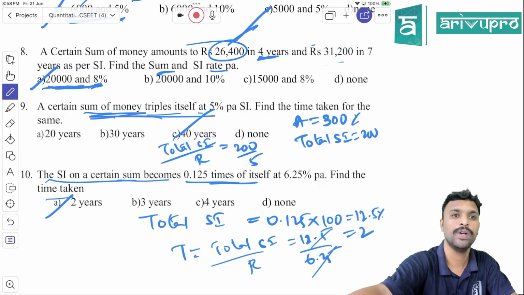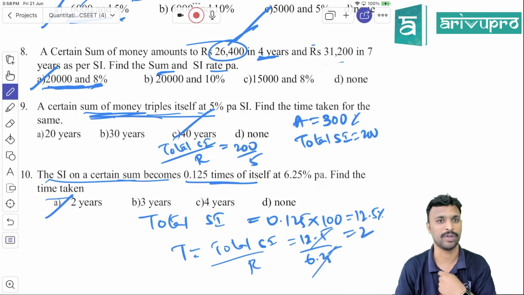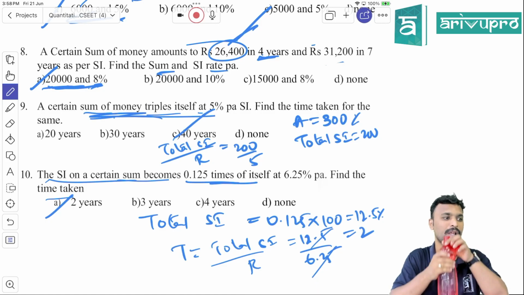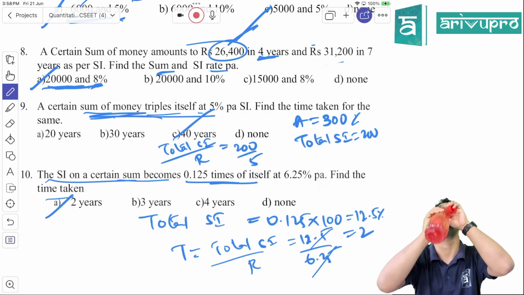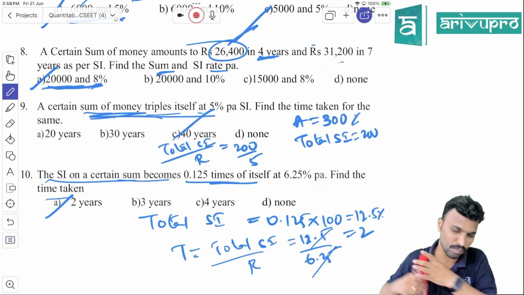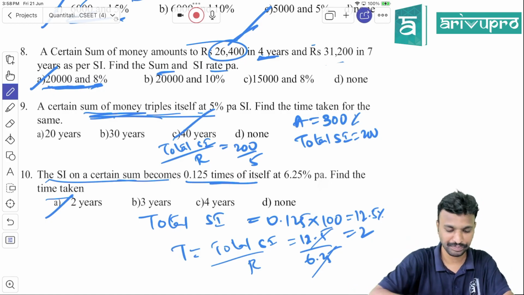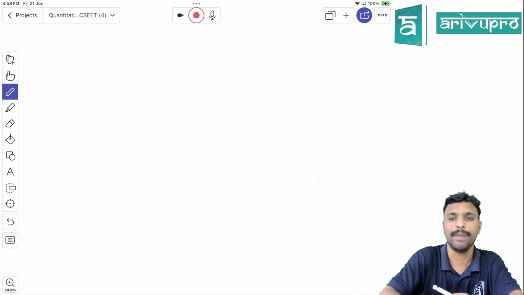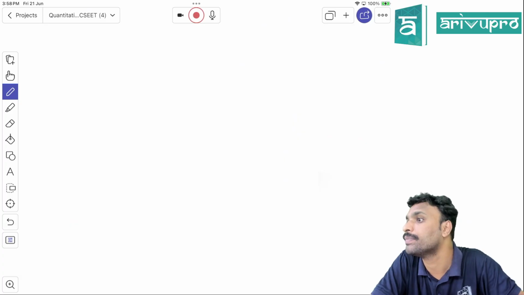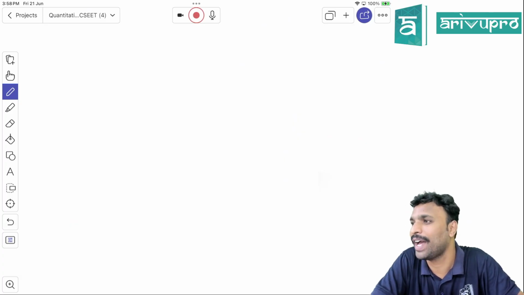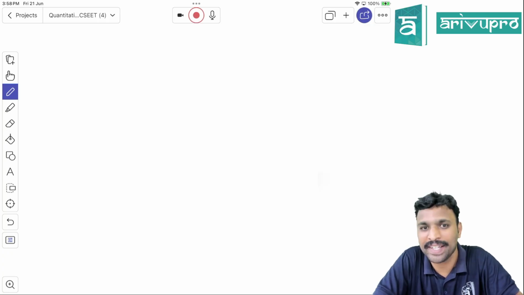Now I shall give you the concept on CI, compound interest. Tell me, what is SI basically? Why do we have SI? Why do SI and CI both exist?